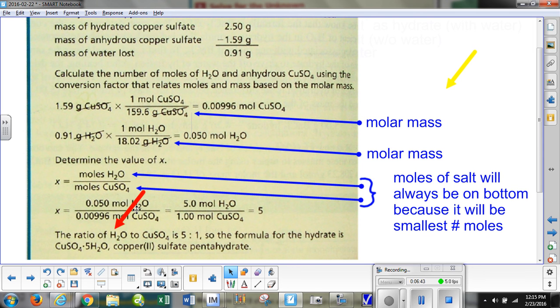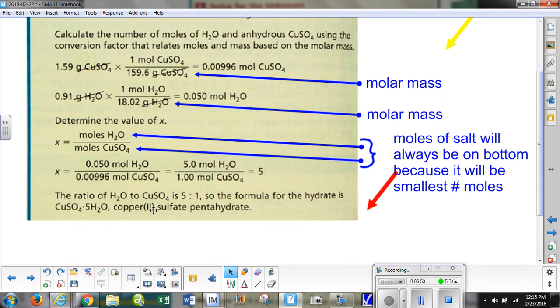So here we go. We've got a ratio of 5 waters to every copper 2 sulfate. The name that we're getting is copper 2 sulfate pentahydrate, because copper has a 2+ charge, told to us by this, and it's with sulfate that is one of our memorized ions, and it is a 2- always, and the penta comes from the 5, and hydrate because this is a hydrate.